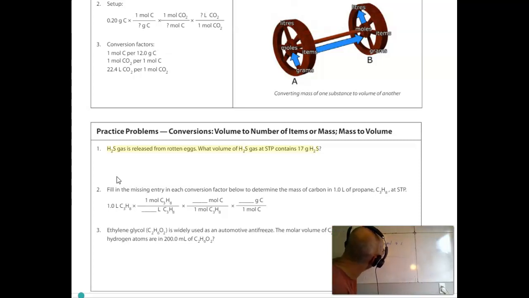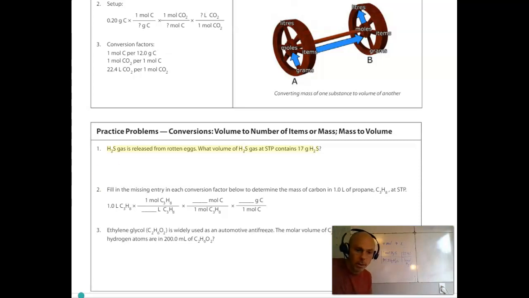I know that 1 mole of H2S weighs 32.07 plus 1.01 plus 1.01, so 34.07 grams H2S. And 1 mole of H2S has a volume of 22.4 liters at, of course, STP only.